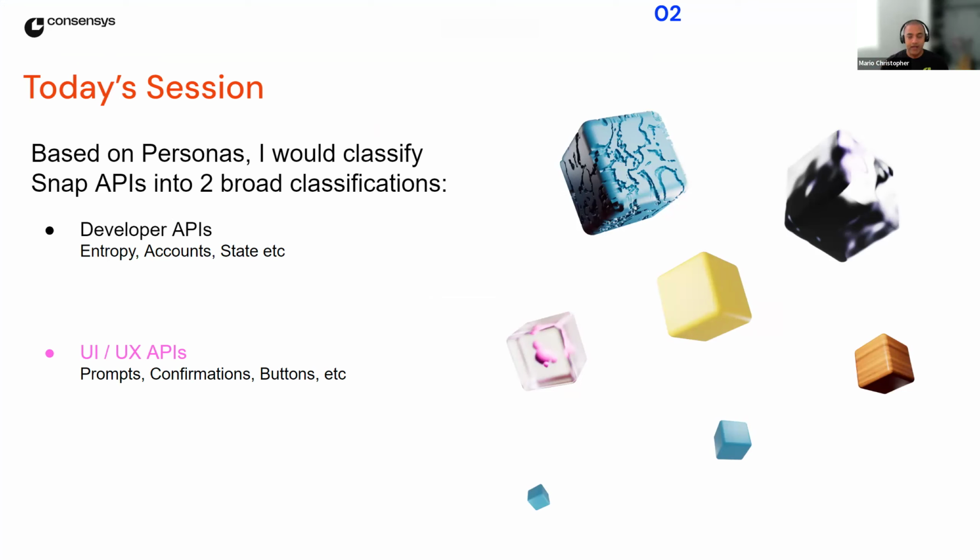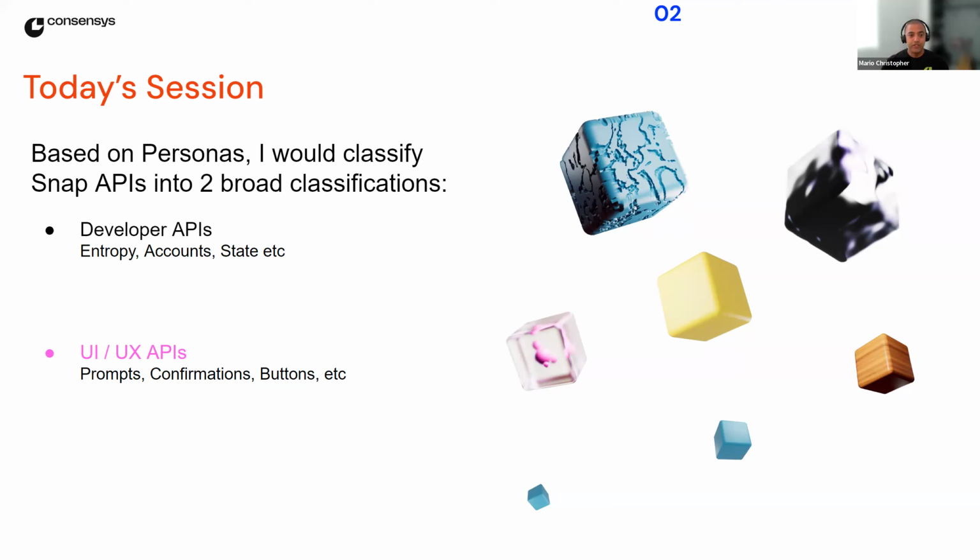So what a developer does, the tools they use, the APIs they use in a Snap in order to provide functionality of that Snap. It could be things like entropy functions. It could be things like account snaps, managing the state, running cron jobs, etc. So all these APIs kind of run in the background and provide the core functionality of the Snap.